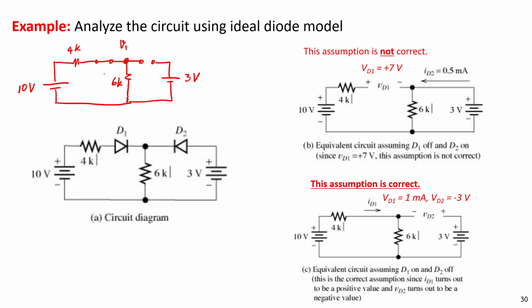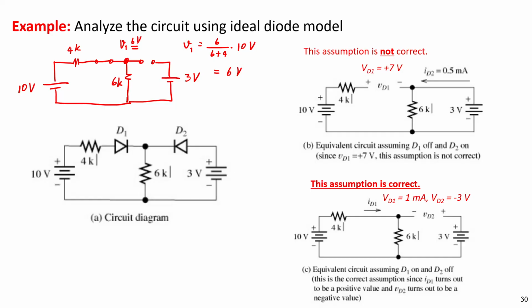We get V1 equal to 6 divided by 6 plus 4 times 10 volt, right? Voltage divider, and we get the solution of 6 volt here. This 6 volt here.